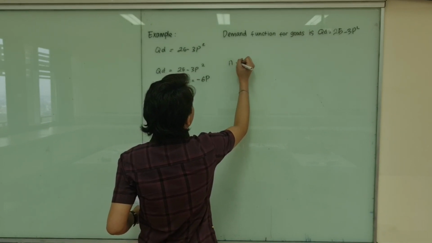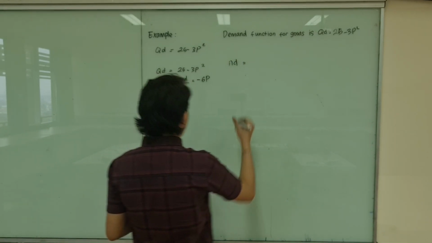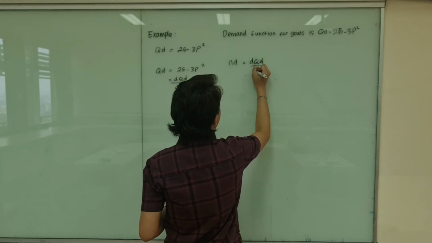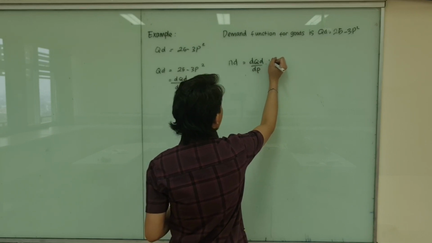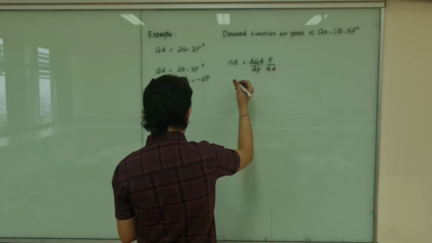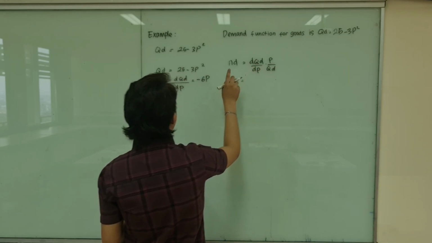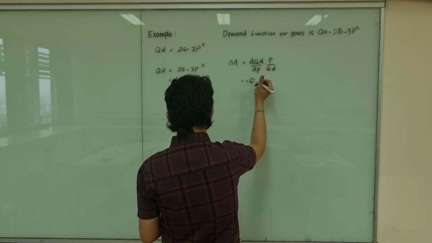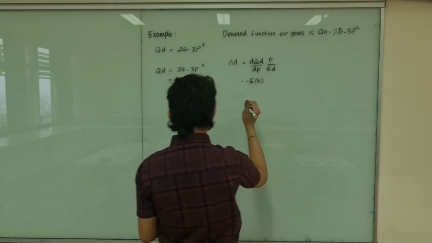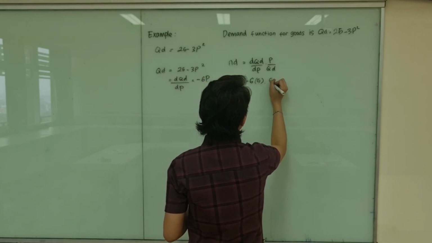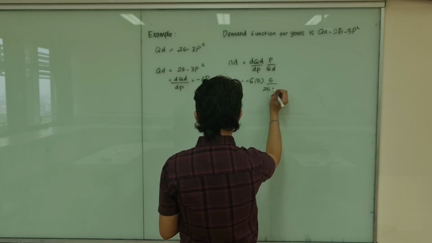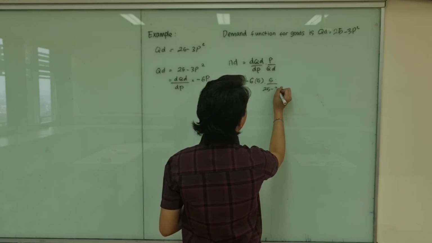And then the derivative times P per quantity demanded. It's minus 6P, P is 5, that's 5 times 5, 25 minus 75.